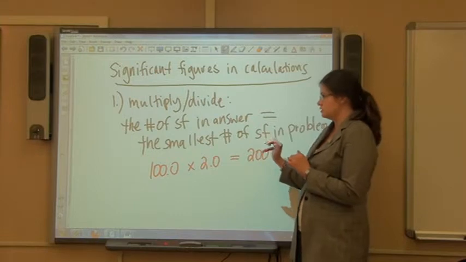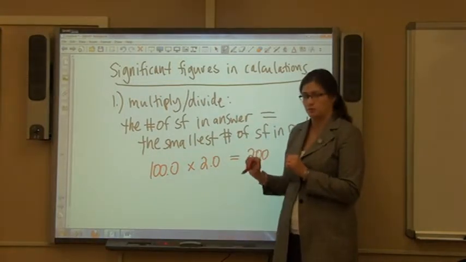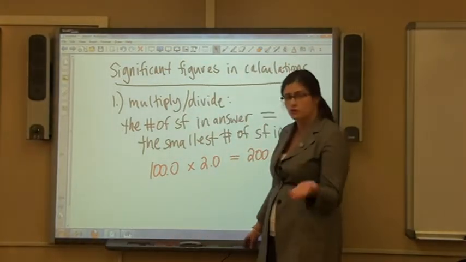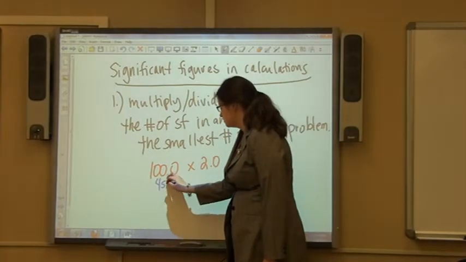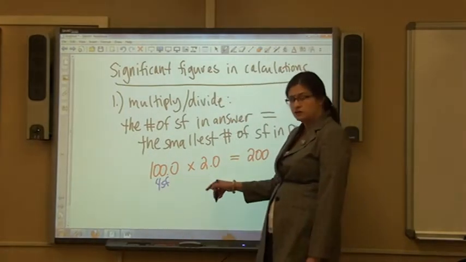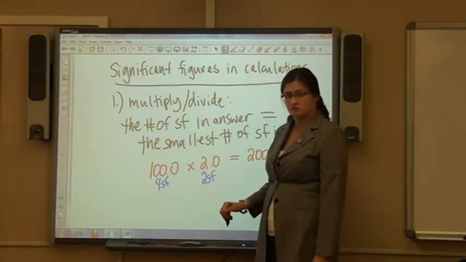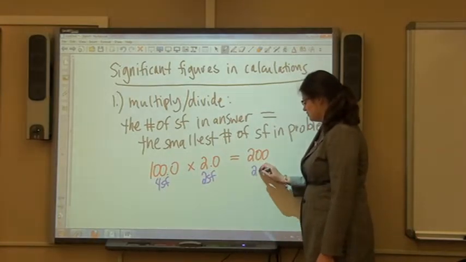Well, based on the rule, the number I should have here is equal to the smallest number in my problem. So you have to identify how many each of your numbers has. Here you have 4 sig figs. Here you have only 2. Which number is smaller? 4 or 2? 2. So this number needs to have 2 significant figures.